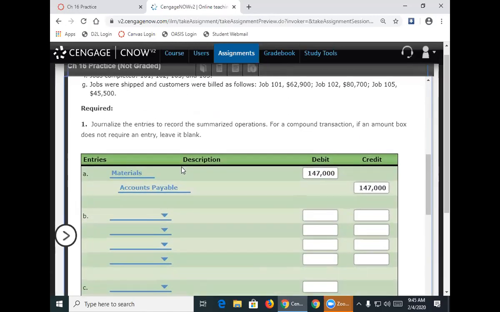So when we do journal entry B, all total, I have two different debits, right? I have a debit to work in process, and I have a debit to factory overhead. So I'm going to add these two up to get my total debit to work in process. They're doing it as a compound entry.